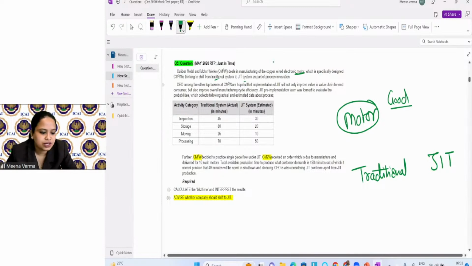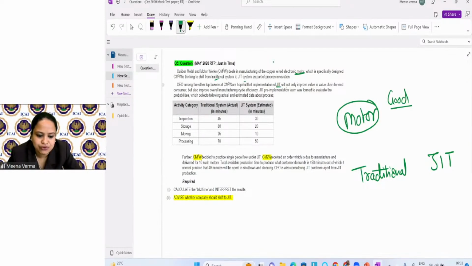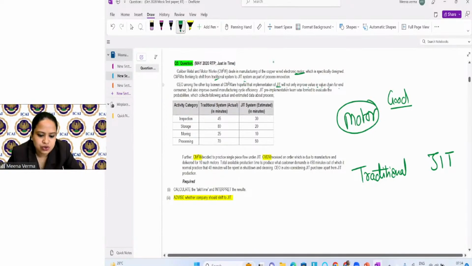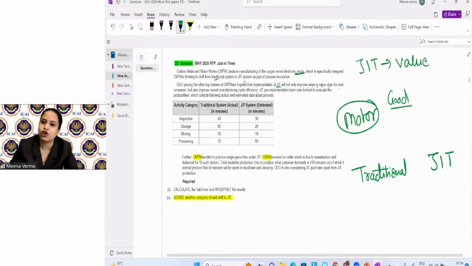The CEO among the other bosses of this company is hopeful that the implementation of just-in-time will not only improve the value in value chain for the end consumer. So they believe that just-in-time will create value to the customer and it will help in removing non-value-added activity.